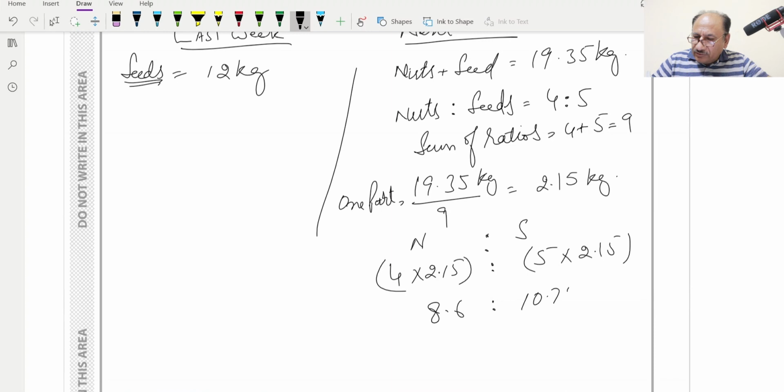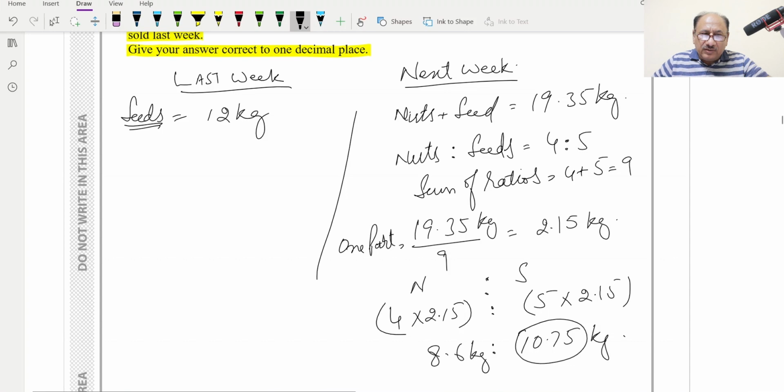So if we are writing it in terms of kilograms, 10.75 kg are the seeds.